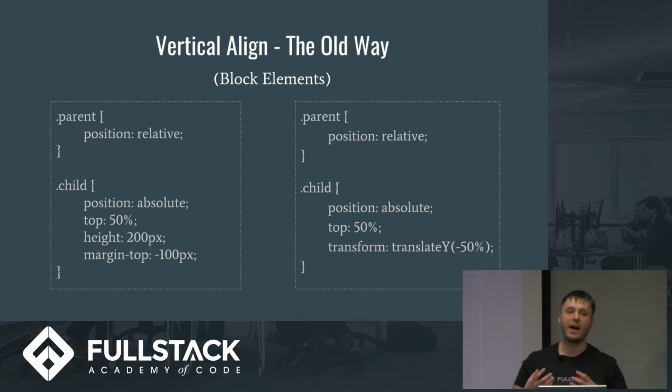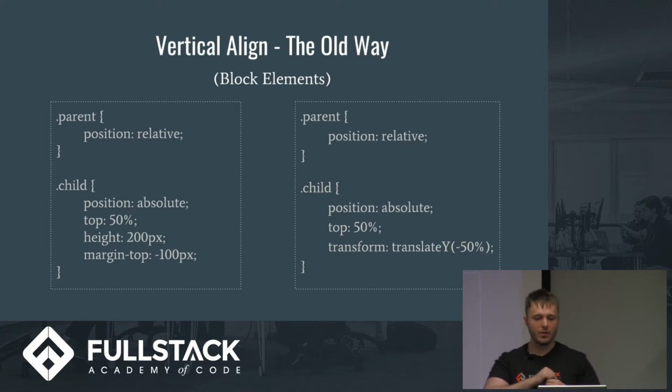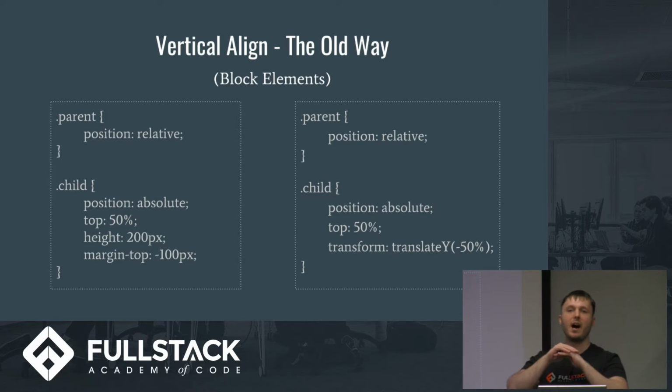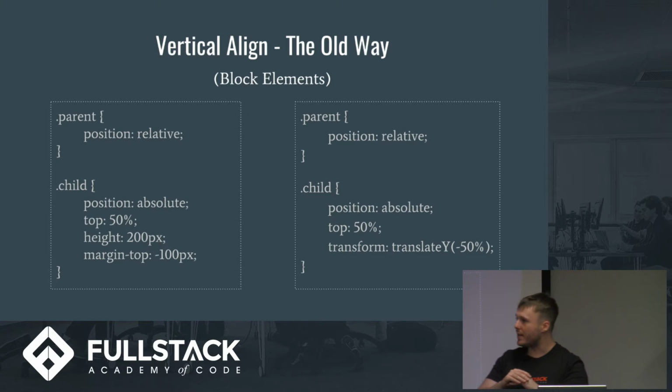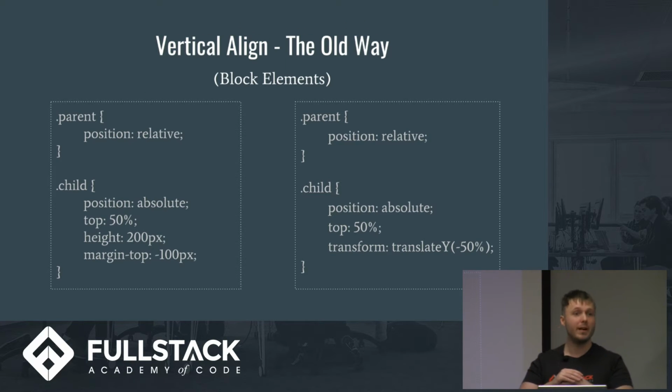But if you don't know the height and you have dynamic height, which is very common, what you can do is same thing, drop it down to 50%. It's going to be a little bit too far, and use transform translate to bring it back up 50% of the height. Very convenient, not always very compatible.